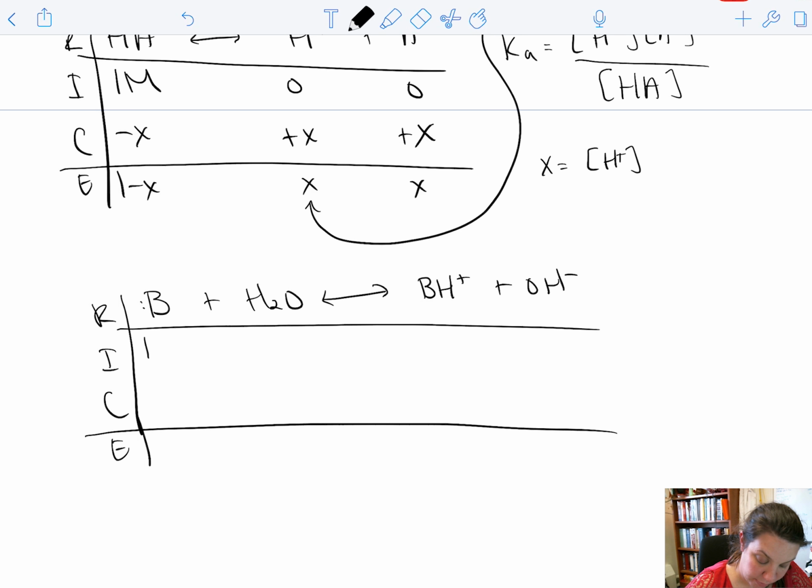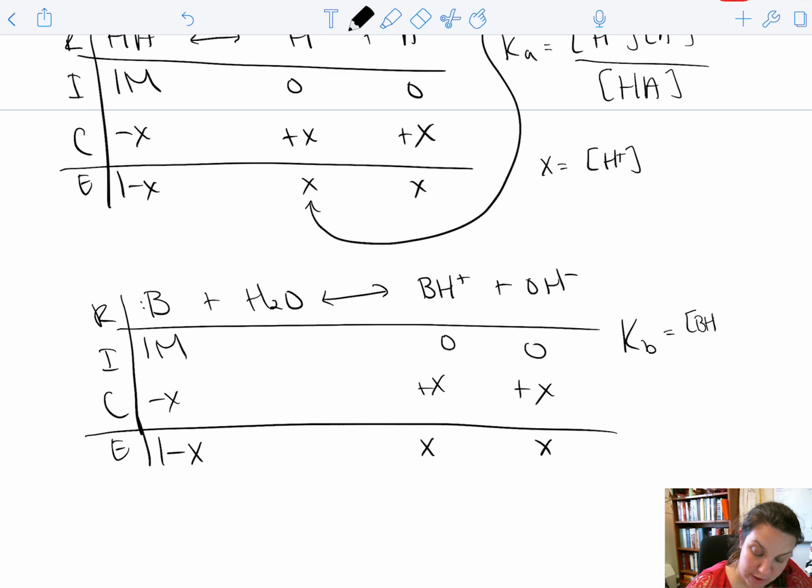And again, we start with 1 molar. And we get a Kb for our base equal to BH plus, OH minus, over our B, like so.